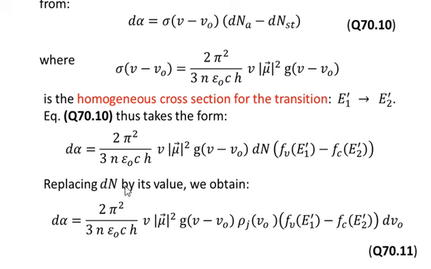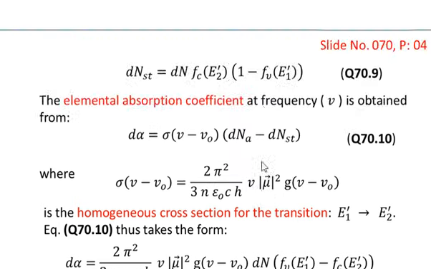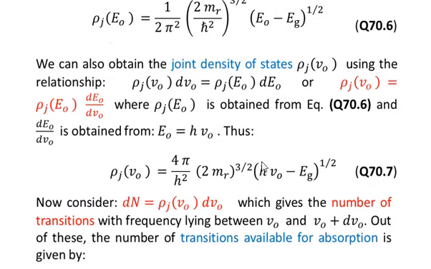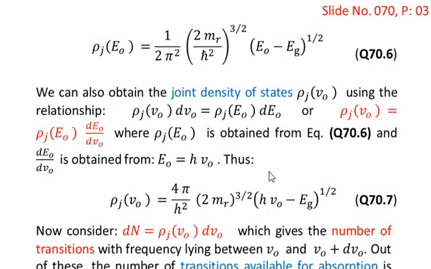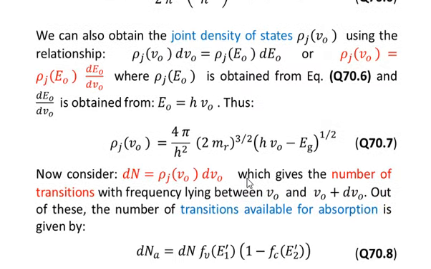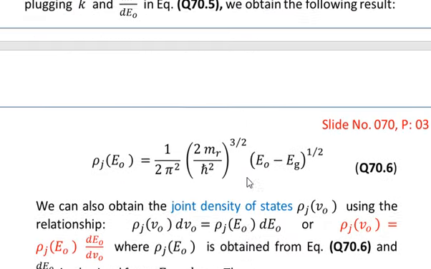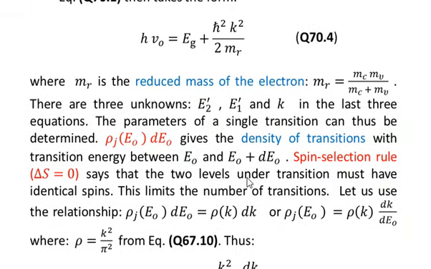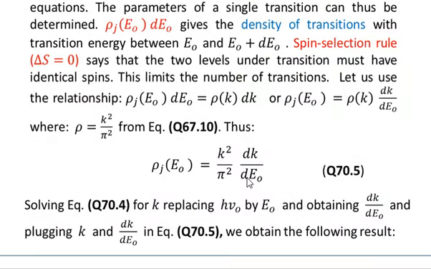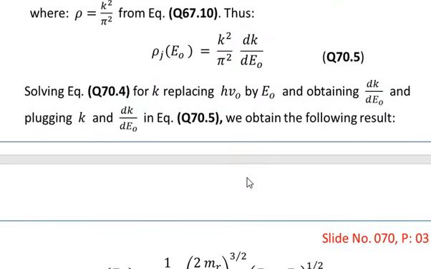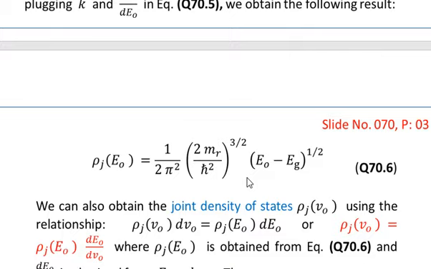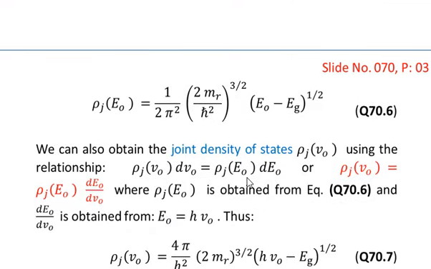So replacing dn by its value, we have this dn introduced, which represents all the possible transitions. And you know that dn which we have found is given by over here. So we have the expression of dn over here, which we have used over here.